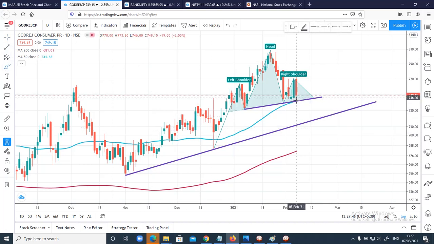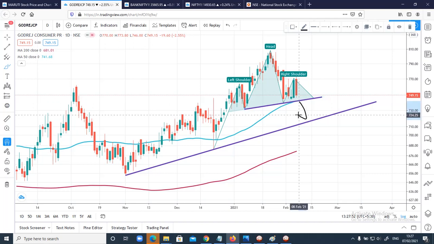So on the downside, any break below this neckline, we can expect prices to move down to this level, somewhere around 718, below 740. Once it closes below that, a daily candle closing below that will be very important. Then it can probably retest this neckline once it closes, and start heading down.